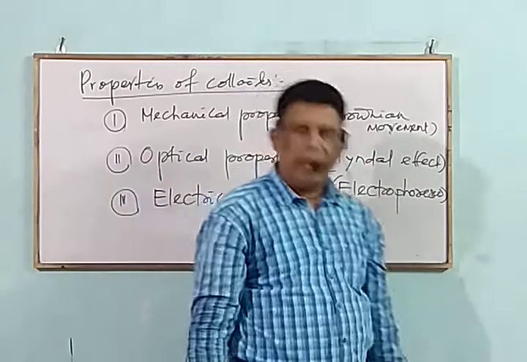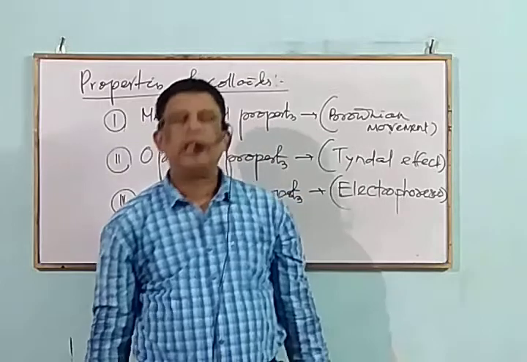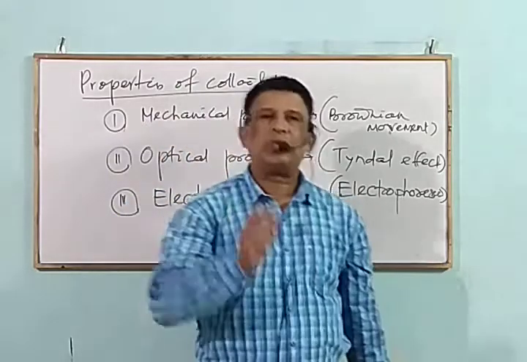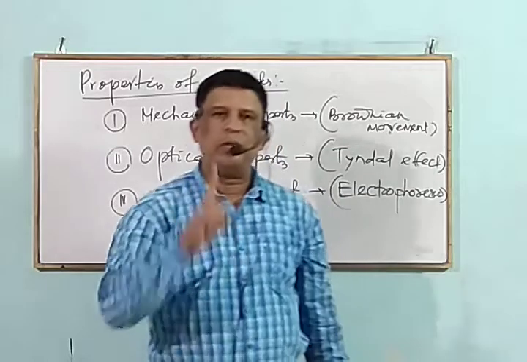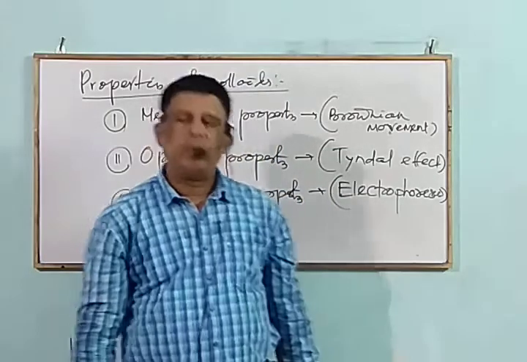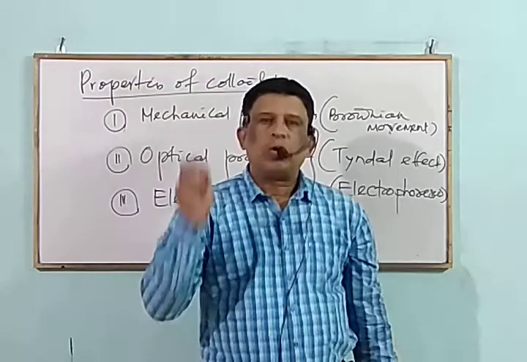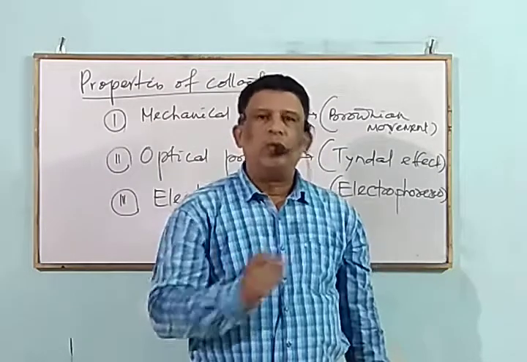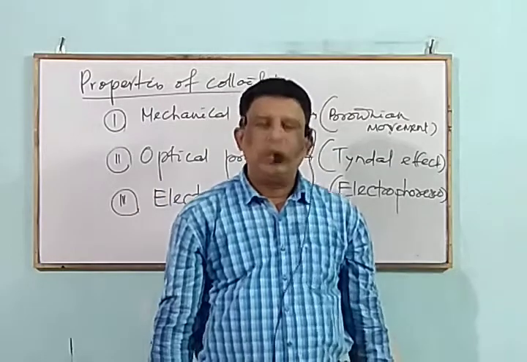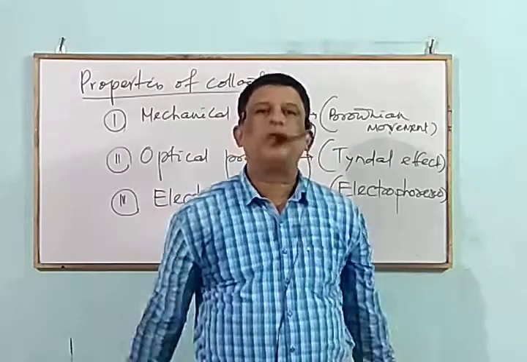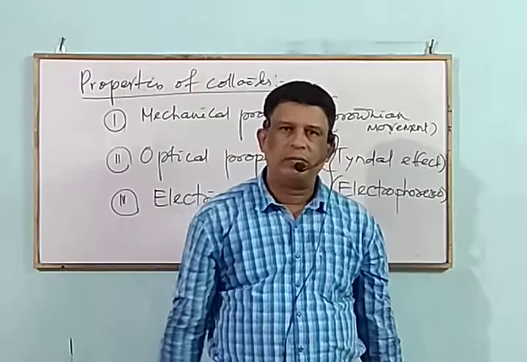First one is the mechanical property, that is Brownian movement, first identified by the British botanist Robert Brown. He observed that colloidal particles move in rapid random zigzag motion due to bombardment.